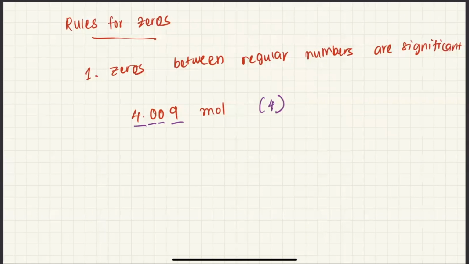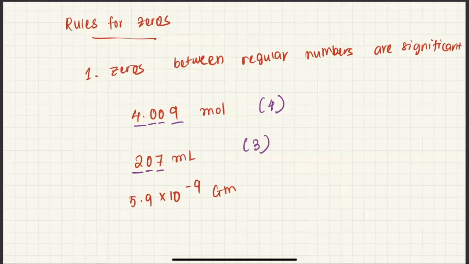Let's check another question. Let's say it's 207 milliliter. How many significant figures? We have 1, 2, 3. So 3 significant figures. Next, let's say we have 5.9 times 10 to the power of 9 gigameter. How many significant figures?